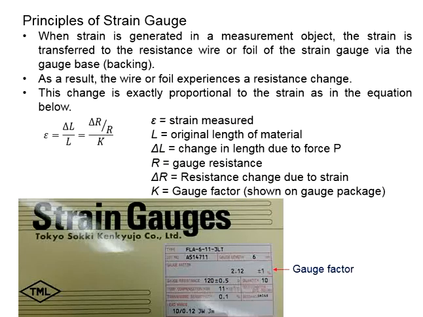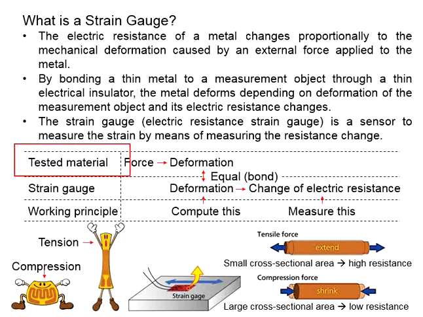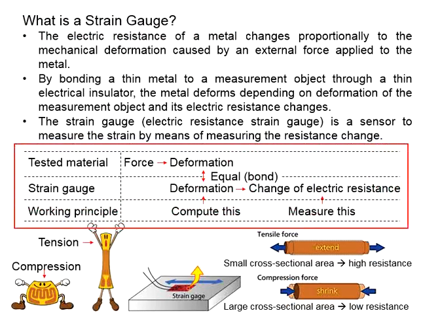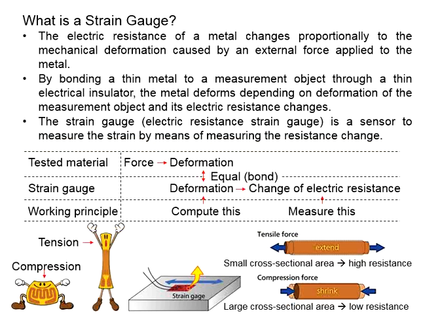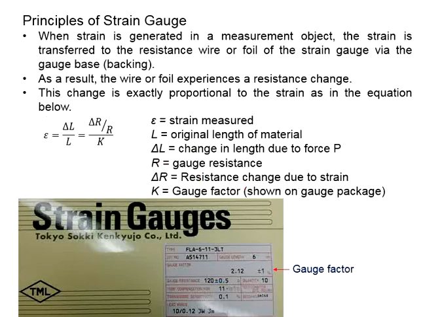Now let us proceed with our discussions on the principles of the strain gauge. We have mentioned the relationship between the strain gauge and the tested material. We also mentioned that we are quantifying the changes of electric resistance in order to determine the deformations of the strain gauge. Now, how do we quantify the strength?